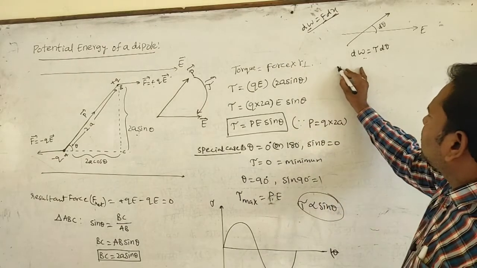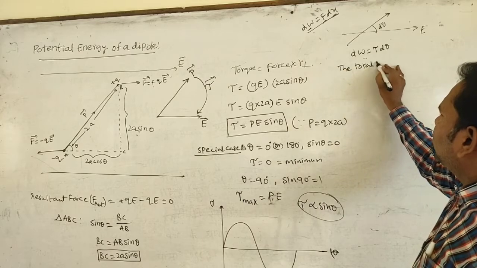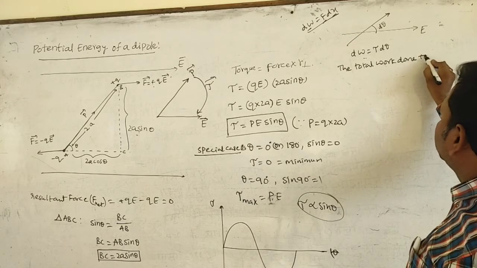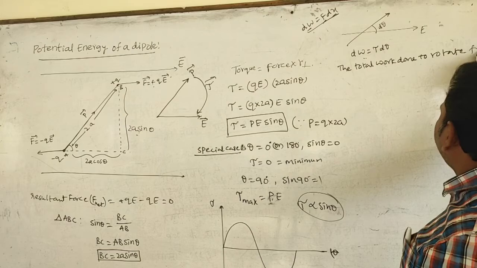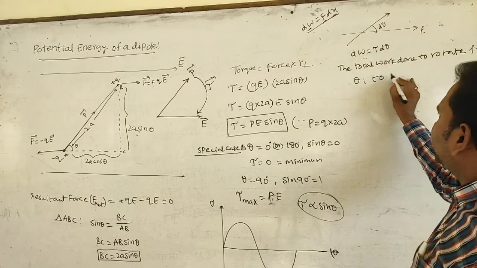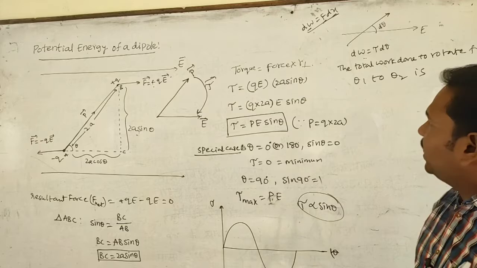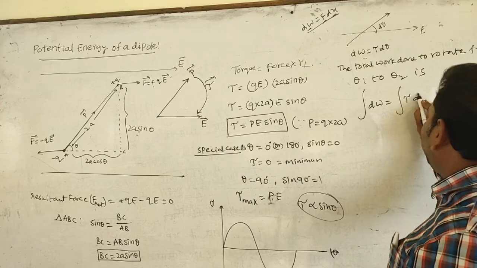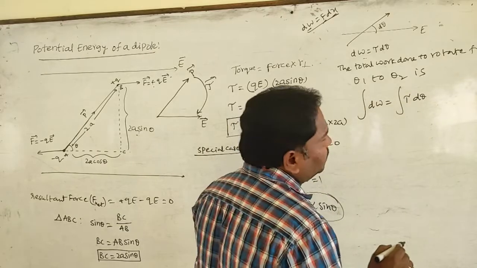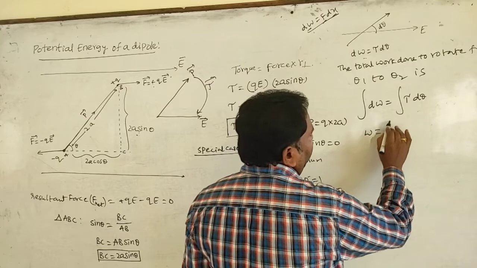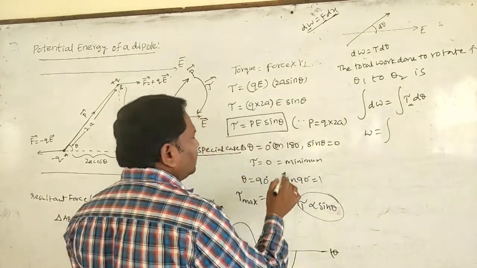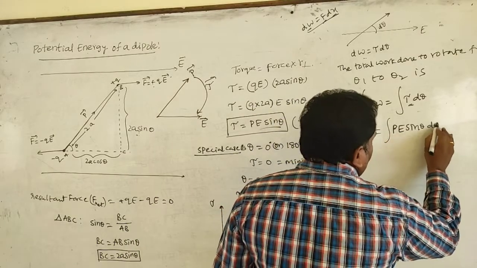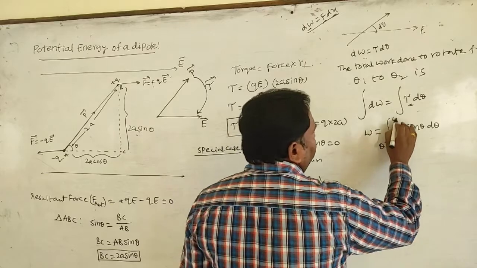Now the total work done to rotate from theta 1 to theta 2 is the integration of dW, which equals the integration of tau d theta. Torque tau is P E sin theta, so it is the integration of P E sin theta d theta, from theta 1 to theta 2.